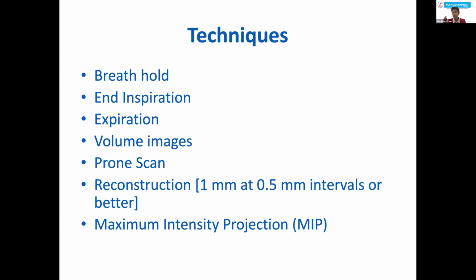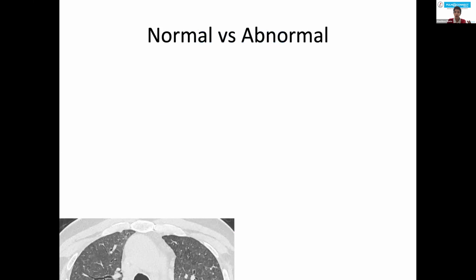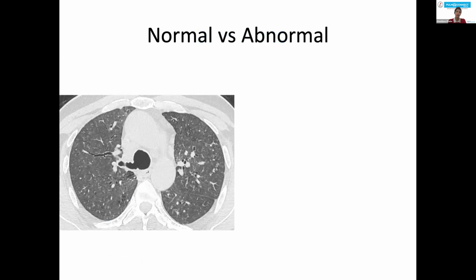Think of doing prone scans wherever the question is ILD. Get good reconstructions, as I always mention, and you should know about the various post-processing tools like maximum intensity projections and minimum intensity projections. This is the crux of getting a good CT scan. The moment you get a good HRCT, then we will talk about how to interpret it.